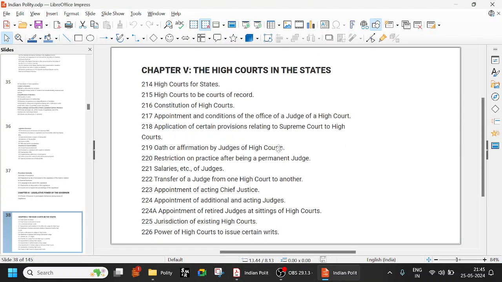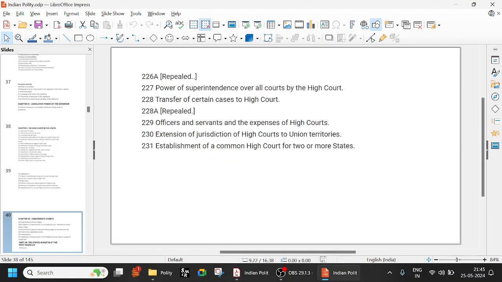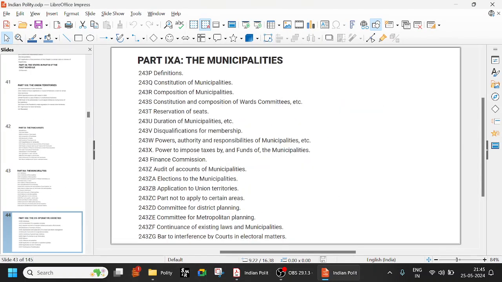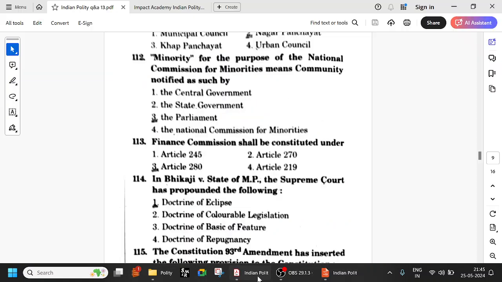So oath or affirmation by judges. All these are important. We remembered this power of High Court to issue writs. This is very important, 226. Next, 245. So 245 will be extent of laws made by Parliament and legislature of states. Not very important.